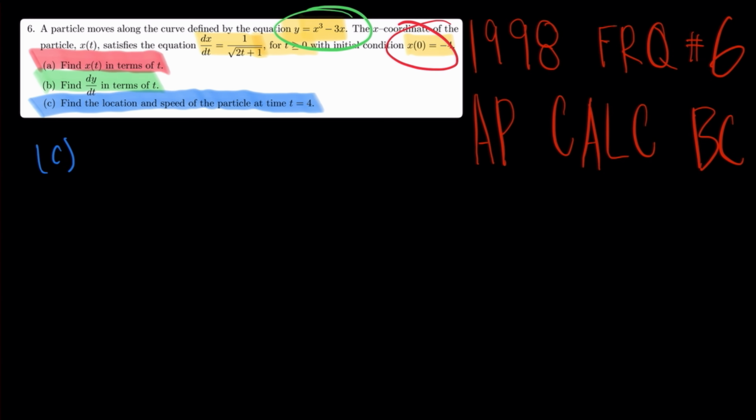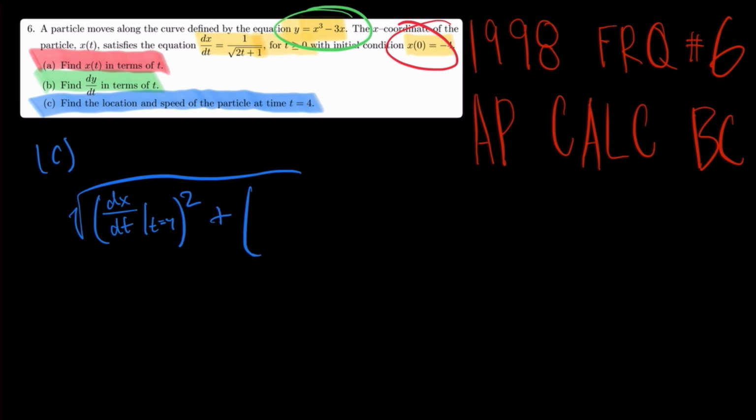Moving on to the second part of part C, where we are asked to find the speed of the particle at time t equals 4. We will need to use the formula for the speed of the particle relating to parametric curves. So what this will involve is taking the square root of the derivative of x with respect to time at time t equals 4, squared, plus the derivative of y with respect to time at time t equals 4, squared.